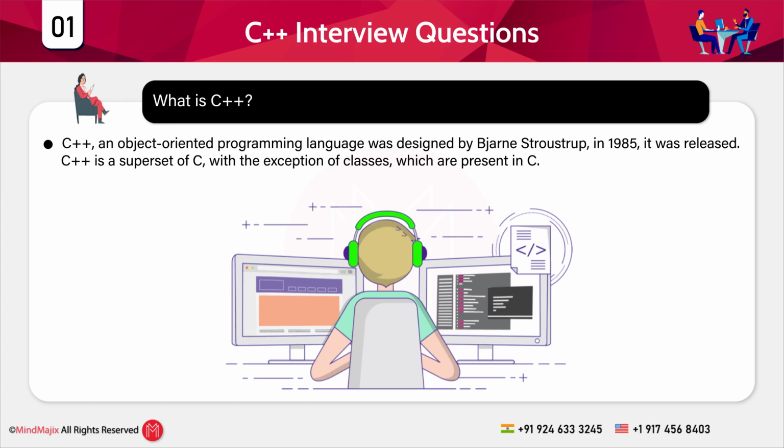After a while, the name was changed to C++, and you can say that C++ was inspired by the C increment operator plus plus. We will see what exactly the plus plus operator is in the later part of this session.